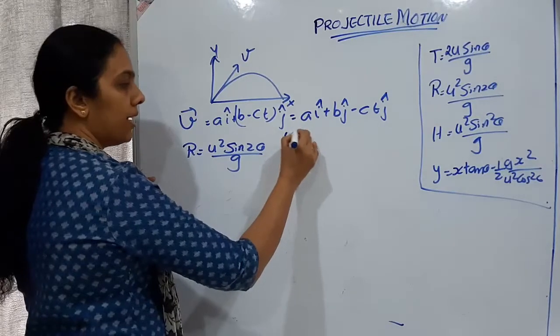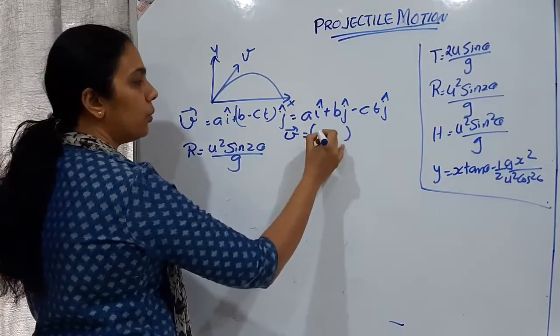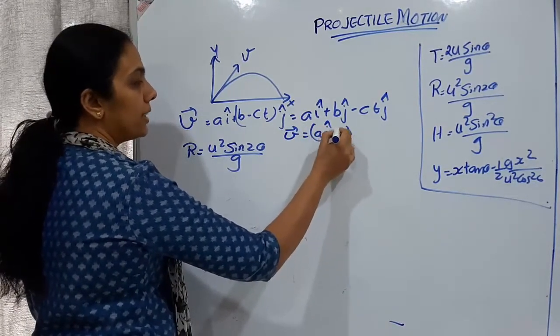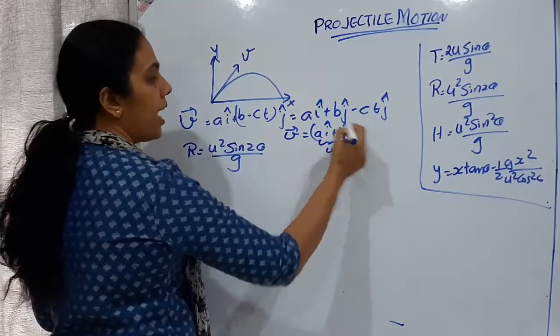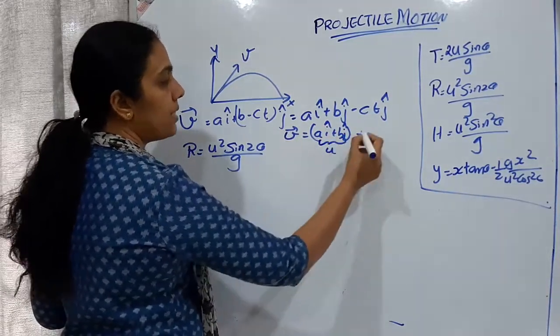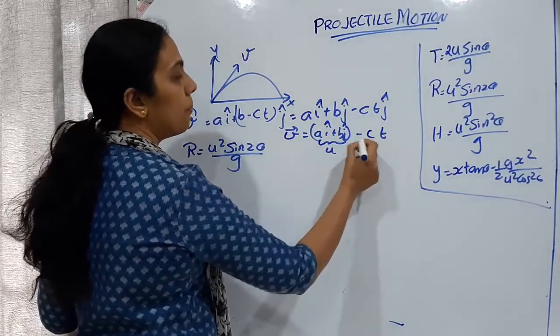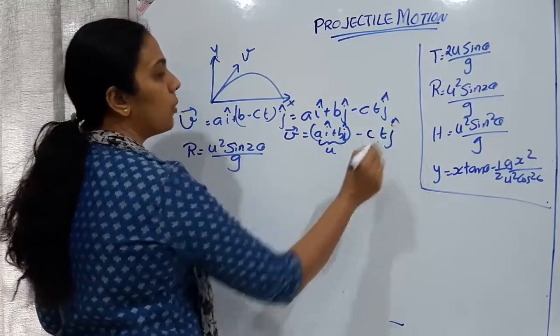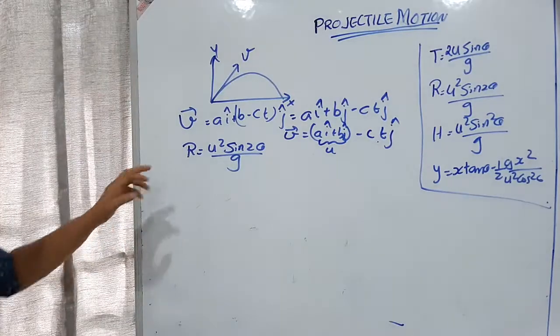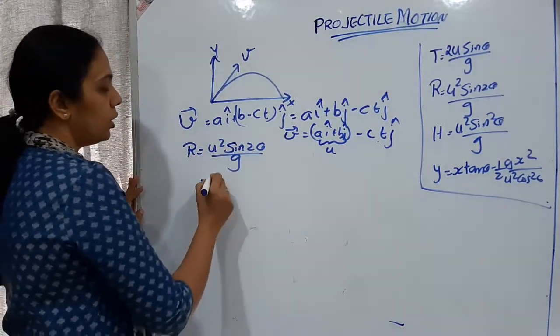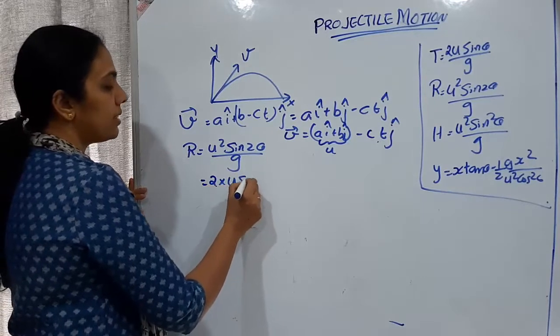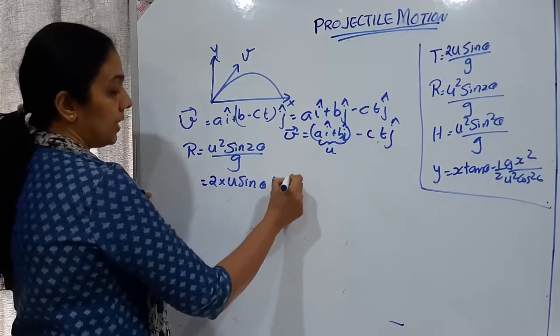So v equals u plus at, this is the formula, right? Instead of u we can write ai plus bj, which gives the value of u, and a is minus c, that is, it is moving in the upward direction. So u square sin 2 theta by g, I can write as 2 into u sin theta into u cos theta.